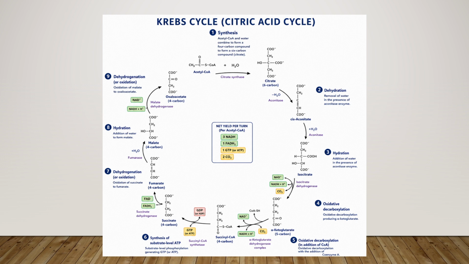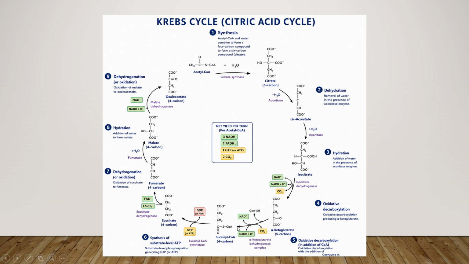Now move towards the 5th step, which is oxidative decarboxylation along with the addition of coenzyme A. So here, students, what happens? The 5-carbon compound is converted into a 4-carbon compound: alpha ketoglutarate is converted into succinyl coenzyme A. As I have told you, coenzyme A is added here, and oxidation as well as decarboxylation takes place here also.